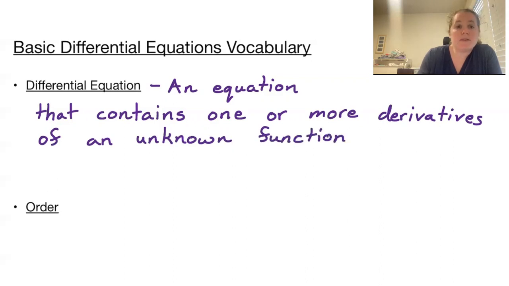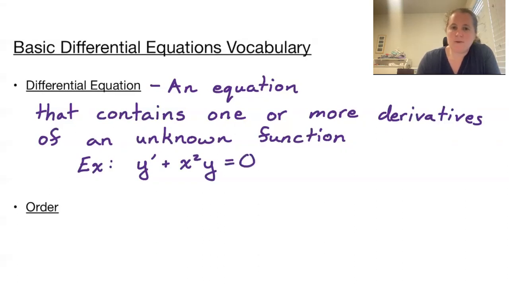So for a couple examples, we could have y prime plus x squared y is equal to 0.